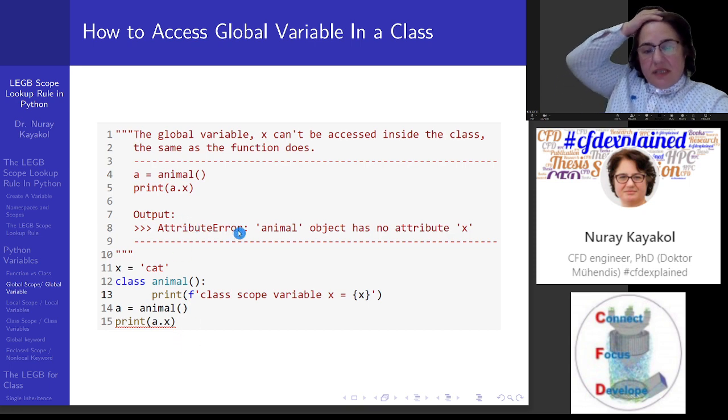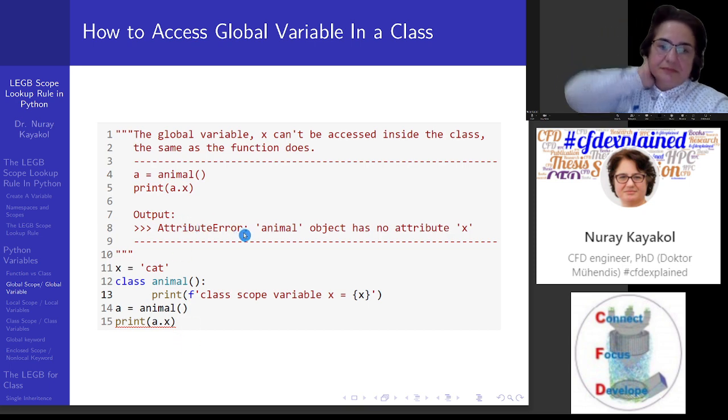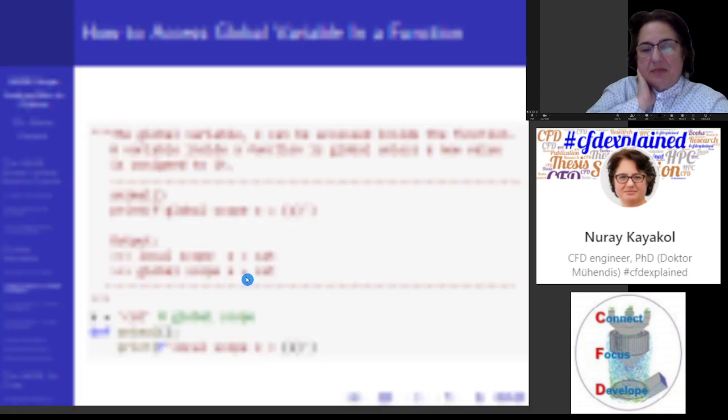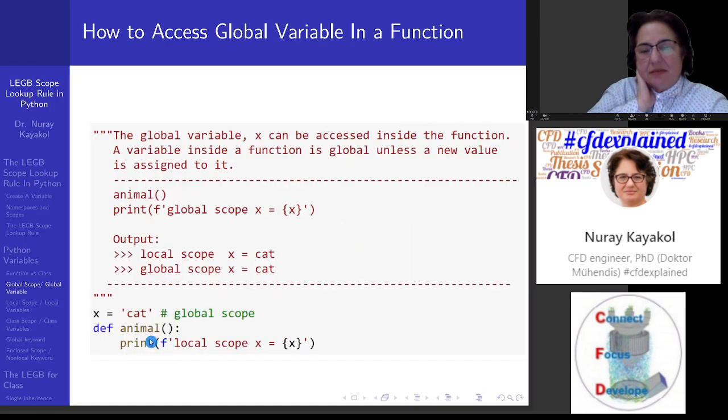Here it gives attribute error. It says animal object has no attribute x. That means if I write like this, global variable x is not available in animal class. But in the previous example, if I use def keyword, that means this piece of code is a function.